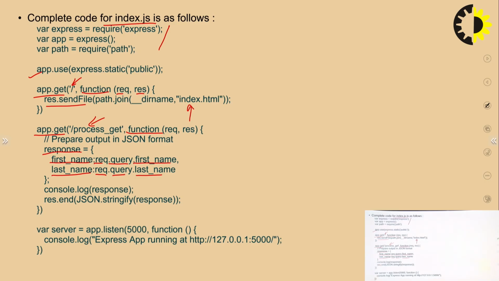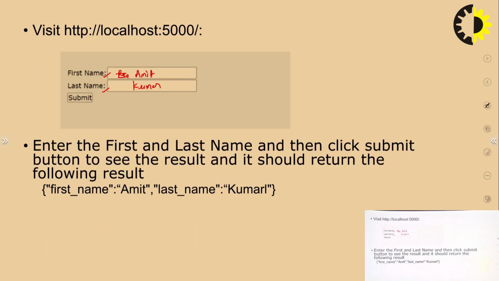Next job is to display this value. So we are using console.log and we are sending the response object that is ready here, and it will display this response with the help of JSON.stringify and response. So it will display on the console. When this program runs, this is the output.